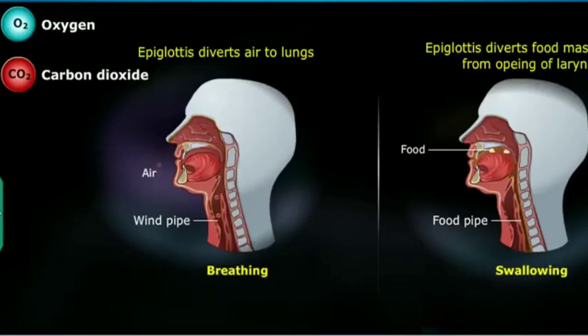This valve closes temporarily when we swallow food and deflects the food down towards the stomach, keeping it out of the trachea or windpipe, which is the route to the lungs. When we breathe air, epiglottis opens more widely and air enters into the lungs. For guiding the function of epiglottis and passage of food and air, nervous regulation is essential.